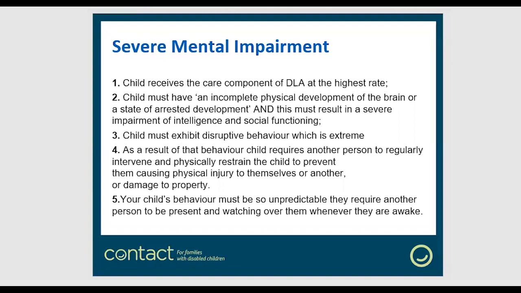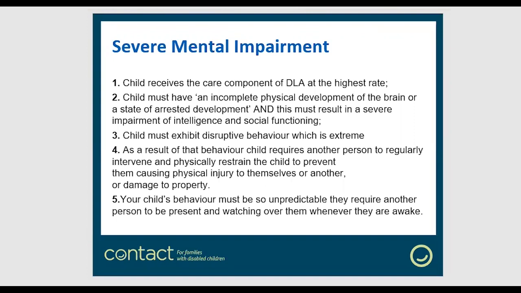The other thing is that the rules don't always necessarily make sense, or they don't seem very logical in a lot of ways. For example, one of the tests is that your child must be on the highest rate of the DLA care component. But the obvious question is, why should that be the case? What difference should it make whether your child's on high rate care?